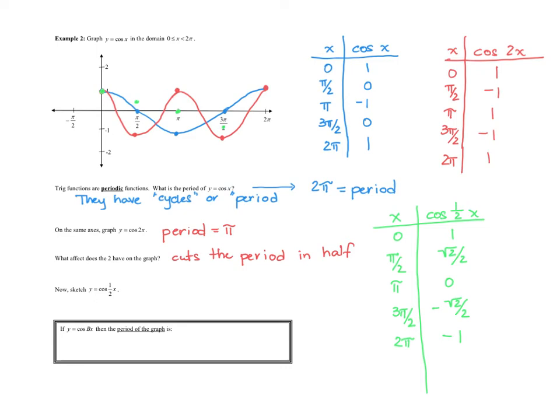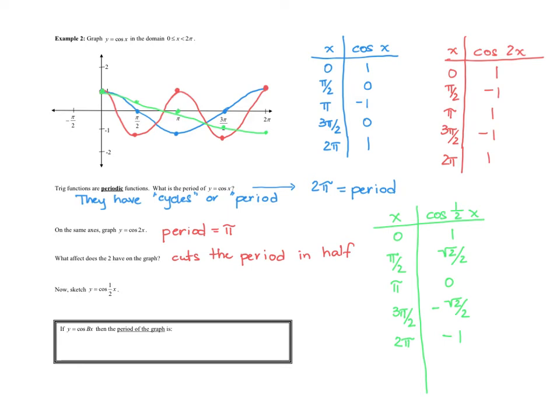And at 2 pi, I'm at negative 1. So if I connect those points, what you start to see is over the domain of 0 to 2 pi, I'm only seeing half of the cosine curve. If I wanted to see the entire cosine curve, I would have to go that far again.